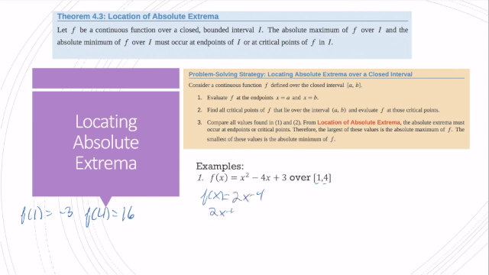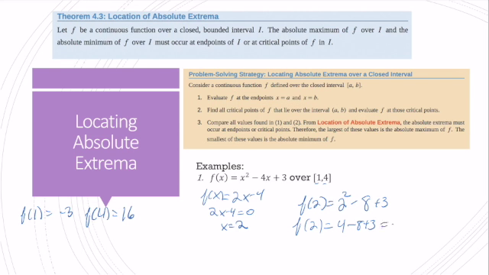I get that x equals 2. 2 is in my interval, so I find f of 2. That's going to be 2 squared minus 8 plus 3. So f of 2 equals 4 minus 8 plus 3. 4 minus 8 is negative 4, plus 3 is negative 1.